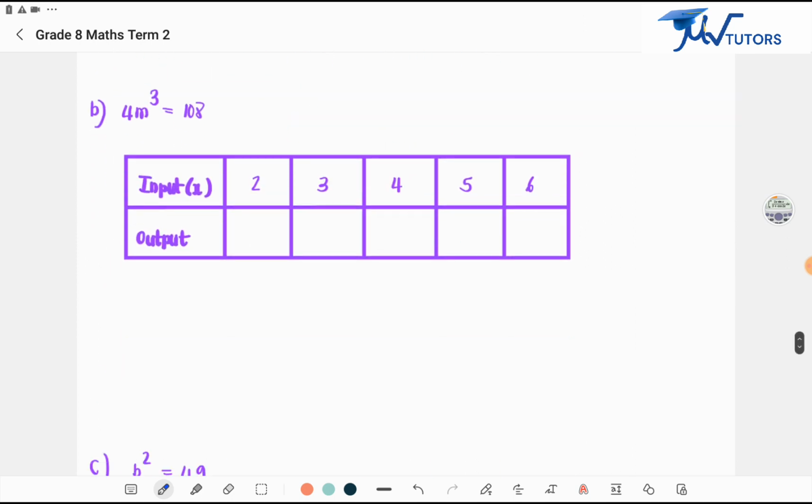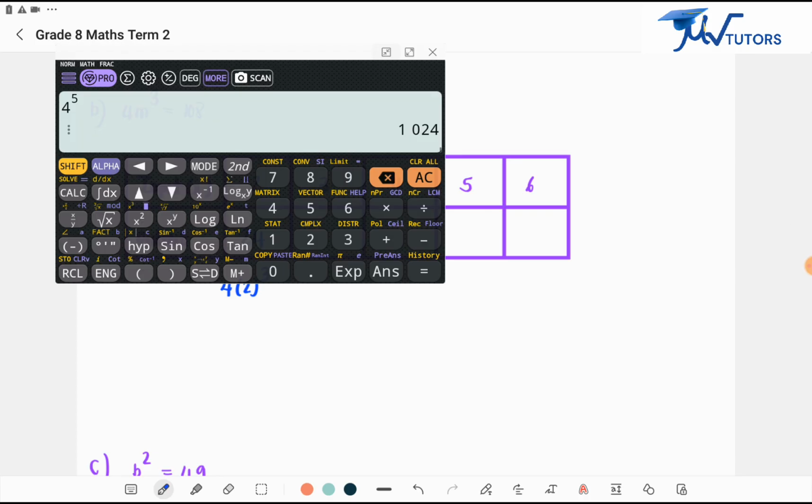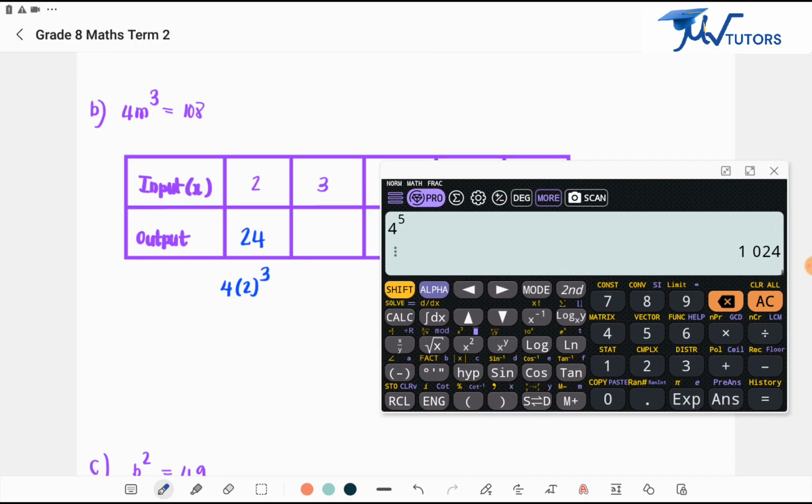Now we have 4m cubed is equal to 108. So let's substitute 2 in the place of m. We have 4 times 2 cubed. What's 2 cubed? 2 cubed is 8. 8 times 4 is 24. Okay, let's just use the calculator for simplicity. We have 2 there, and we are cubing it.